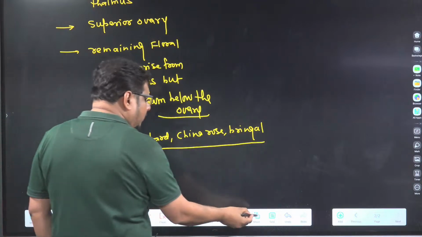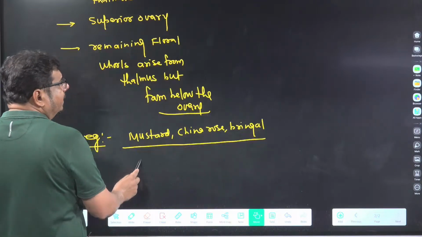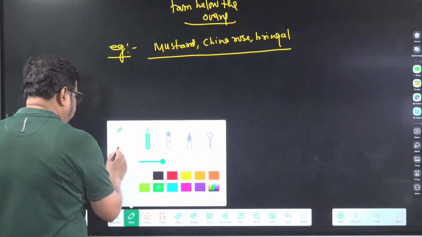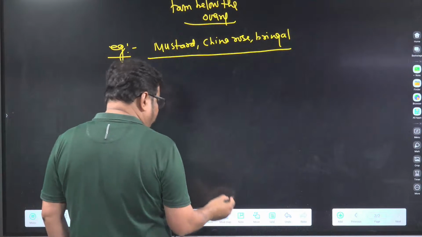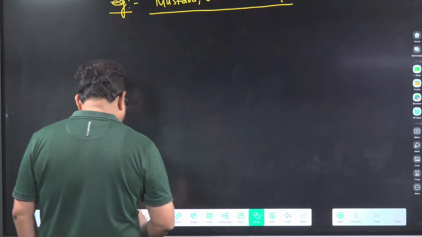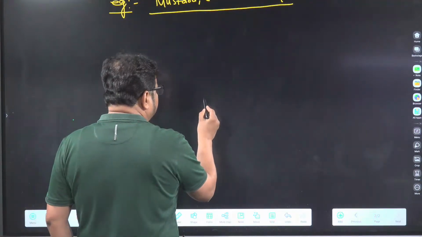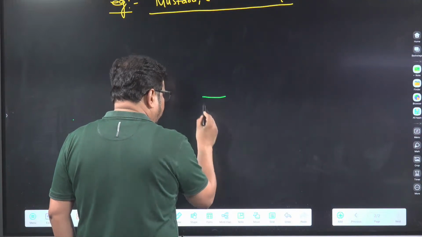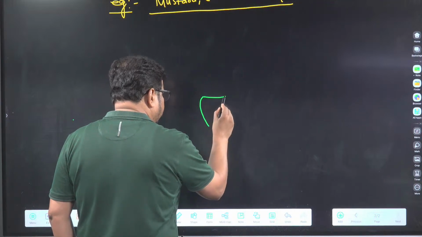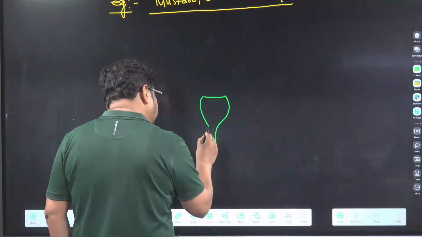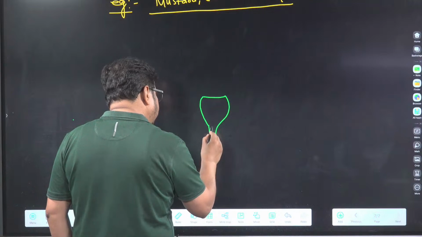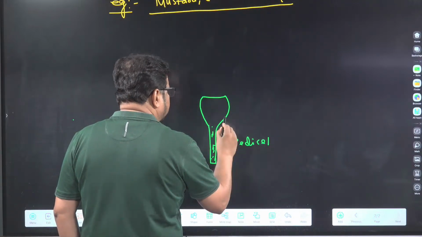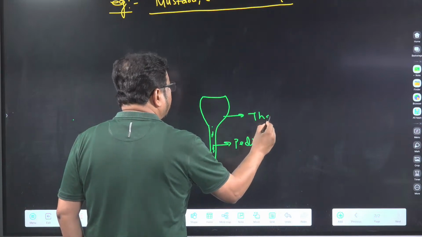Now let me draw the diagram to decode the hypogynous condition in a better way. So look here. The first diagram of your NCERT, if your NCERT is with you, you can open it. In the very first diagram of the NCERT, we find such a condition. This is the pedicel. This is the thalamus.